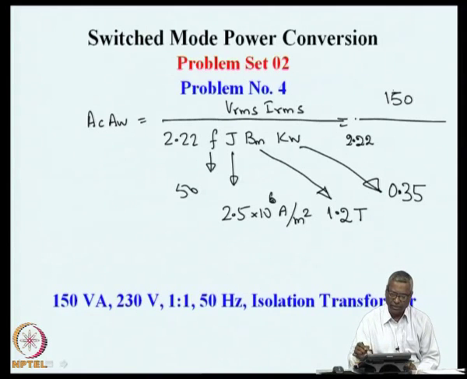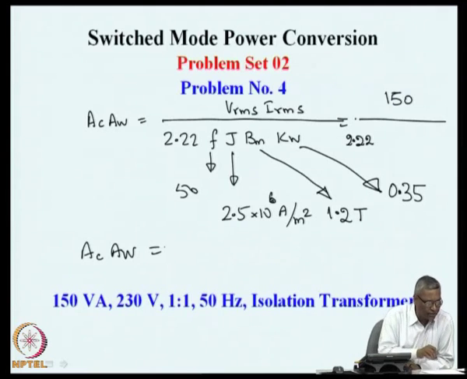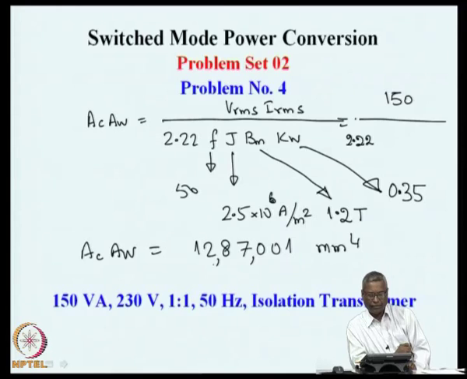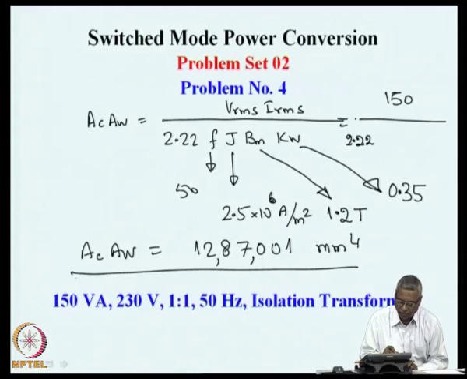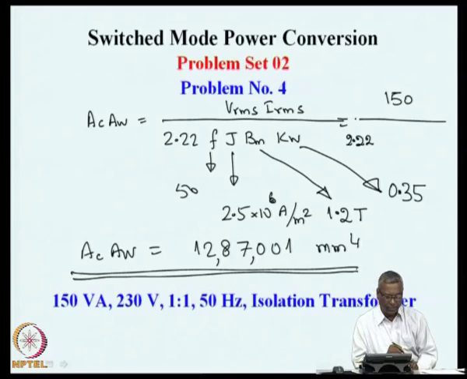So, we know all the quantities here, and this ACAW, if we calculate this number, it turns out to be 12,87,001 millimeter power 4. How do we select a core for this application?